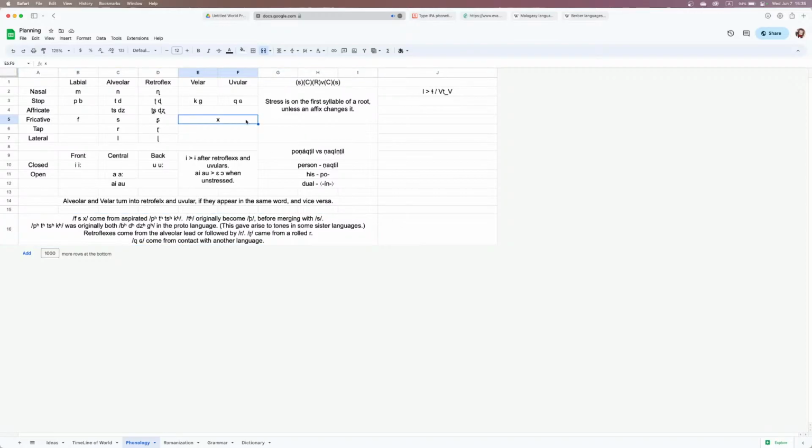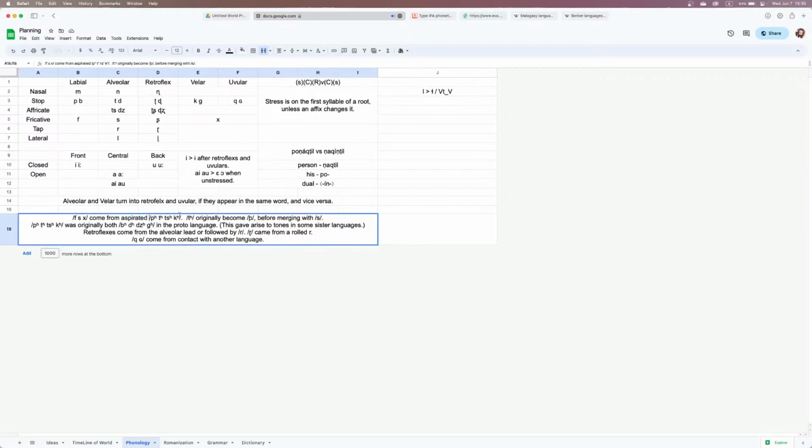Instead, that is fully allophonic, depending on if the word has a velar or a uvular. And so f, s, and ch come from an older aspirated p, t, ts, and k, with t originally being th before merging with s. The p, t, ts, and k were originally both b, d, z, and g, as well as p, t, ts, and k, before merging in the language right before this, and before becoming the fricatives.